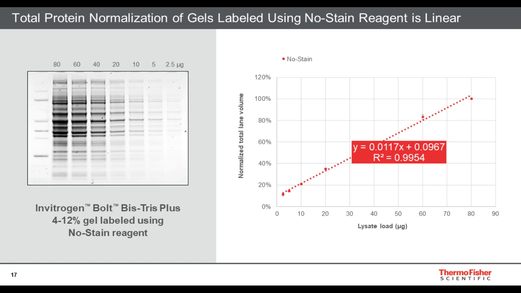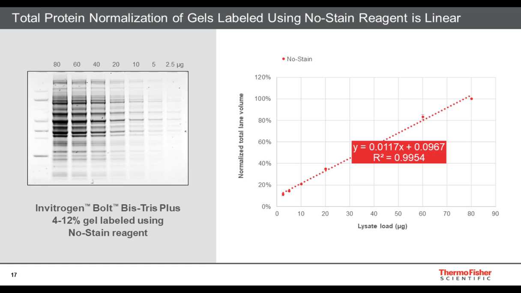When we plot this in the graph over here, we see a linear signal with the no-stain reagent from 2.5 microgram all the way up to 80 microgram, and it corresponds to this ideal dotted line concentration curve that you can see here.